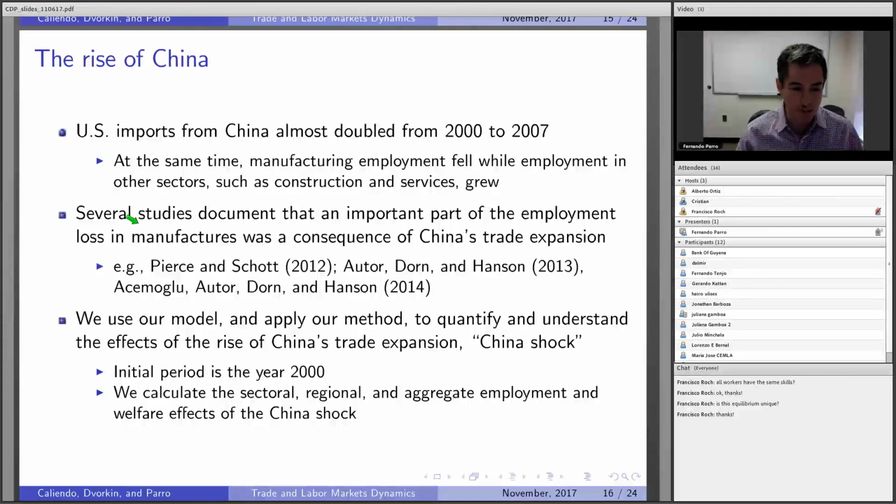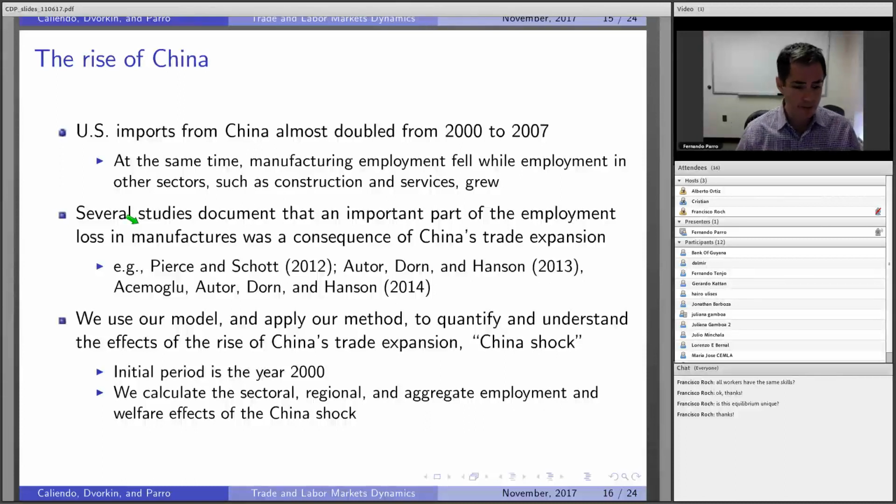Most of these studies, as I mentioned in the introduction, are reduced form evidence, like Pierce and Schott, Autor, Dorn and Hanson. So what we want to do next is use our general equilibrium model, with all these mechanisms or ingredients I have described, and apply our solution method to quantify and understand the effects of the rise of China's trade expansion, which is called in the literature the China shock.